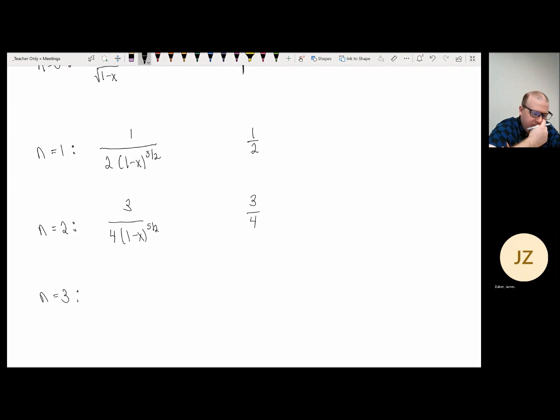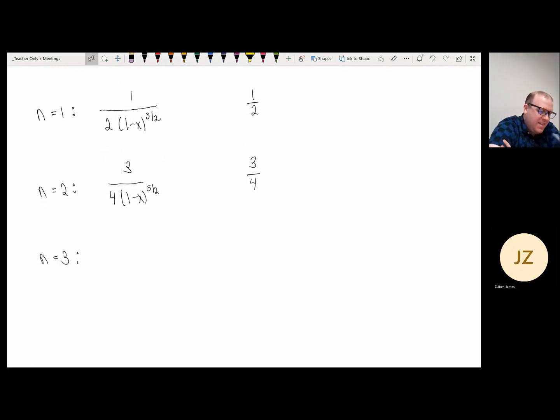Third derivative. Wind up being, and there's a reason why I wrote it as 3 times 5.